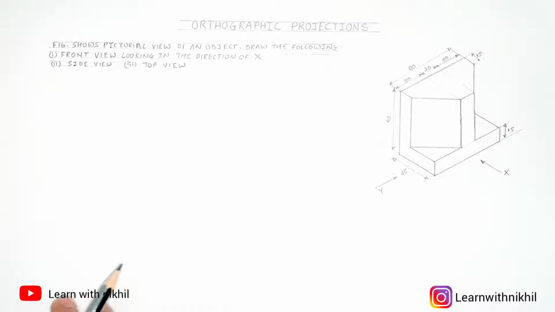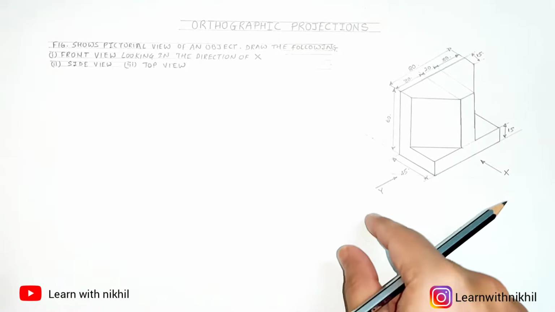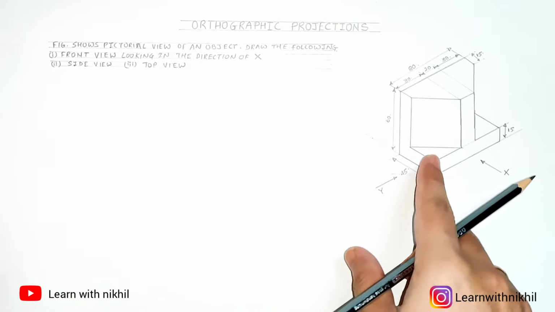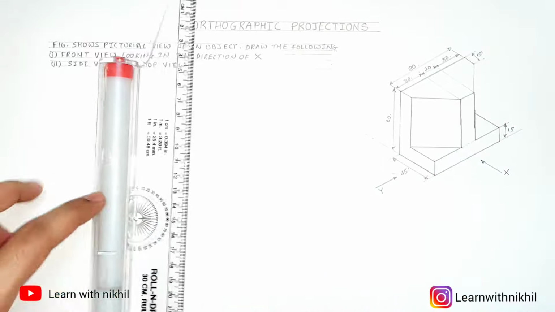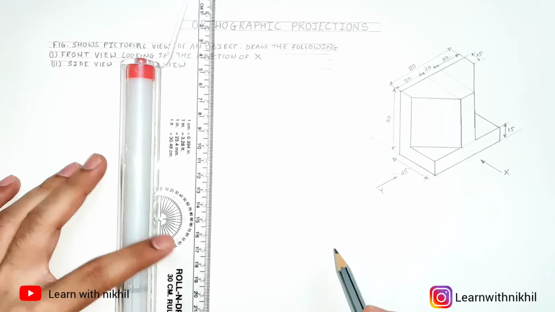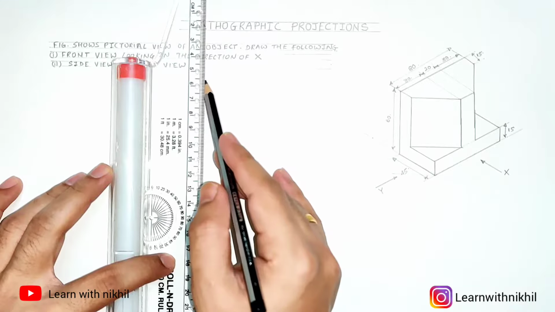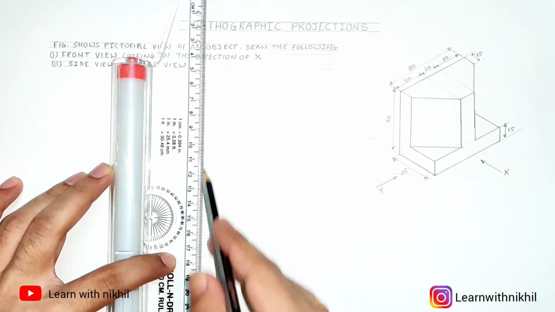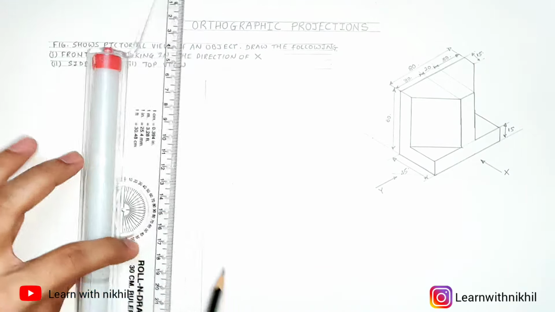Now step number 1, we will draw perpendicular axes. So we will draw the horizontal plane and the vertical plane in two-dimensional view.